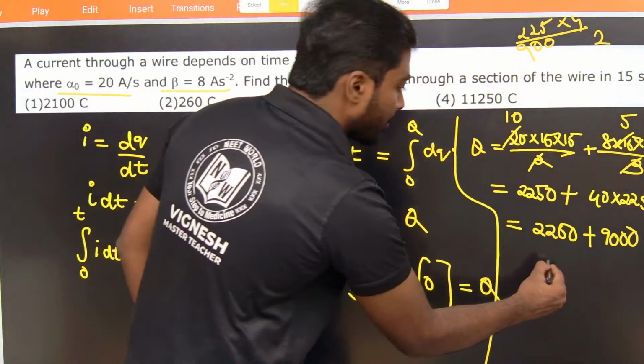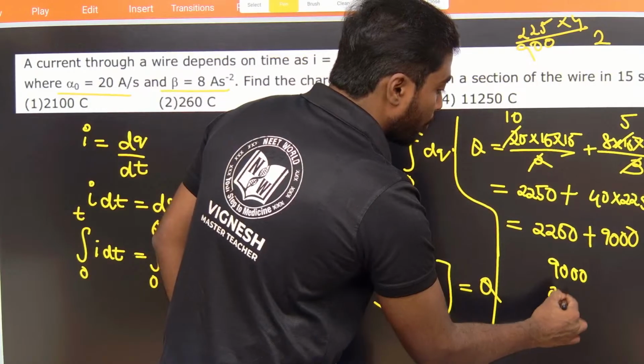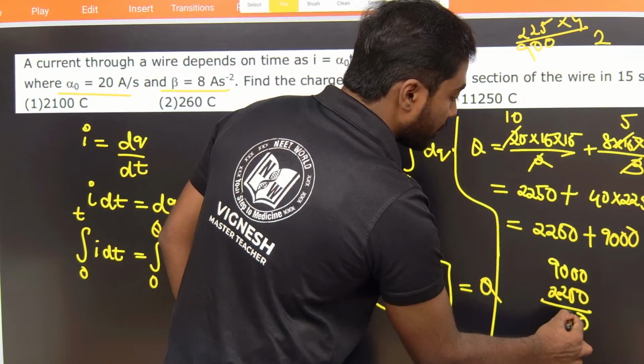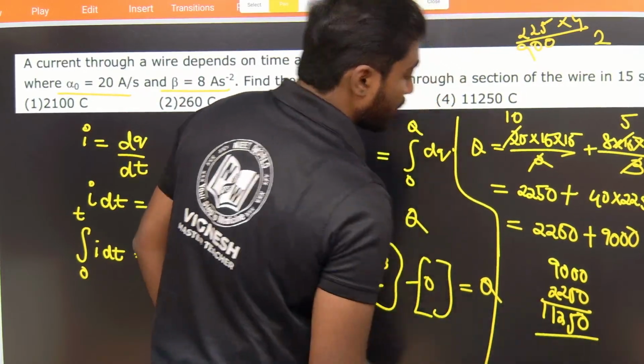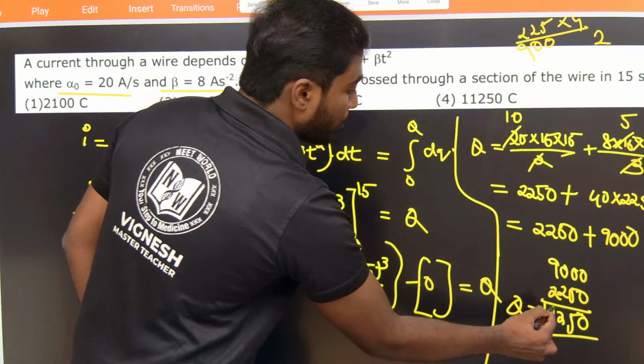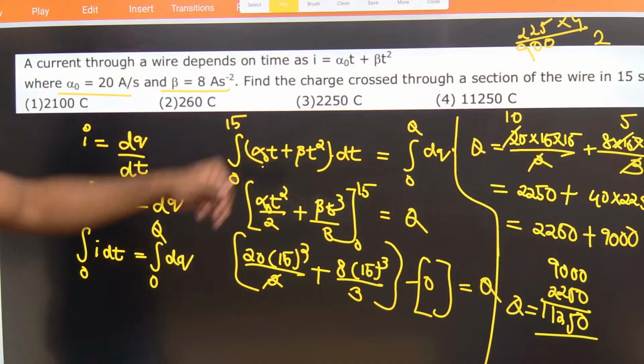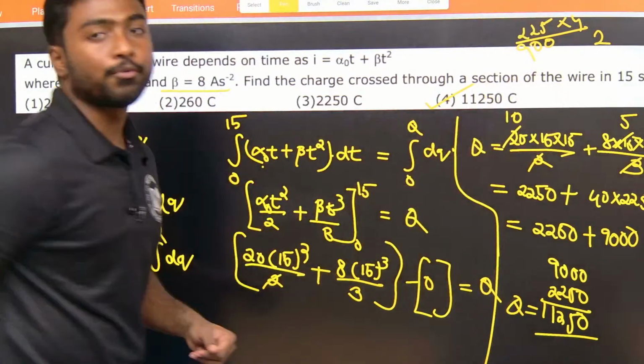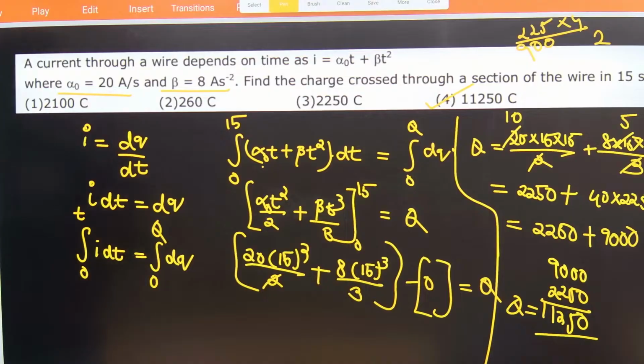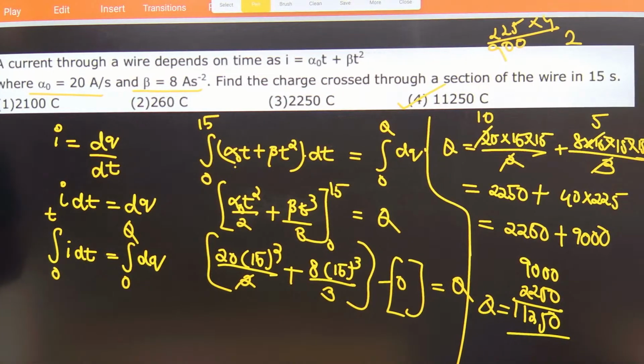Now add it: 9000 plus 2250, so q is equal to 11,250. Option 4 is the answer. Can we go for the next question?